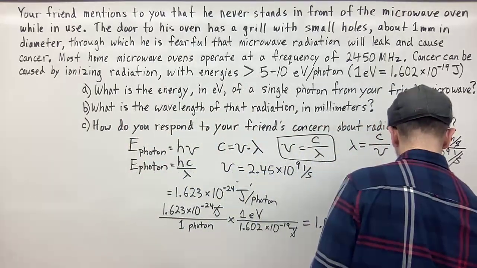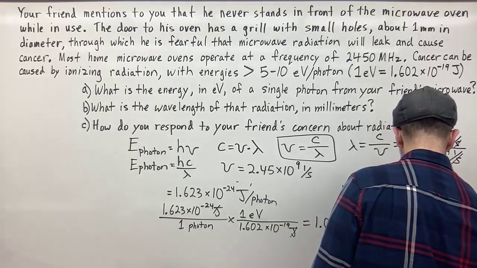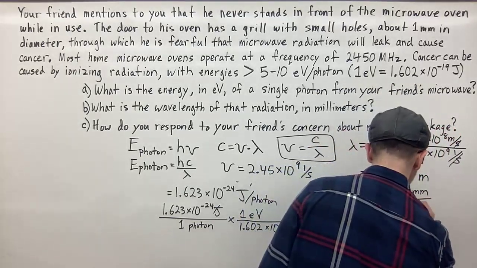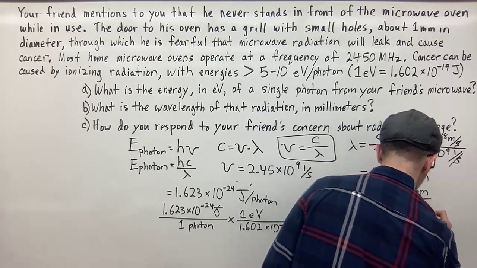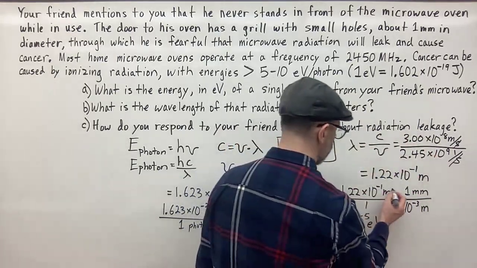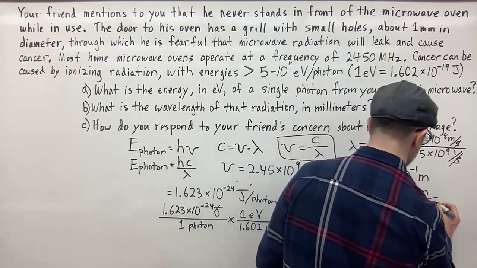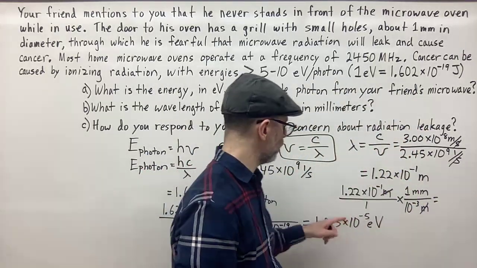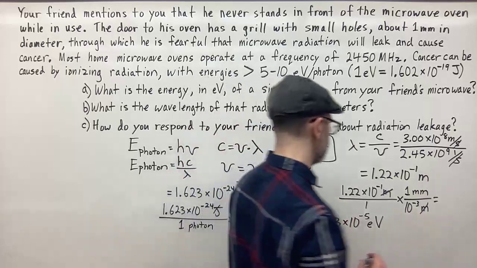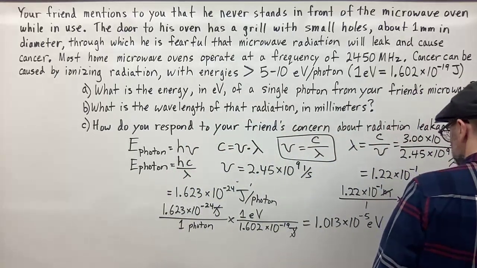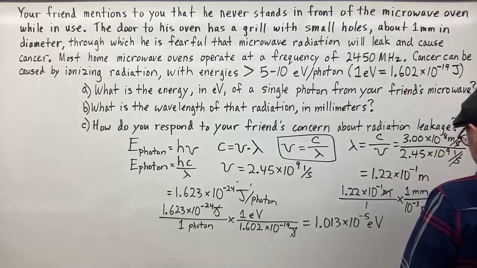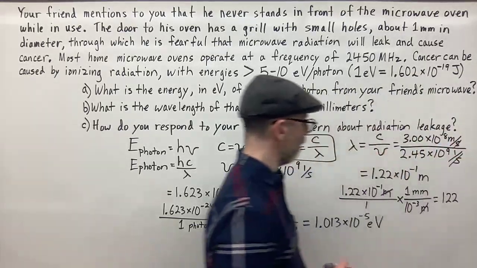So I'm going to put 1 millimeter on the top. And I'm going to put 10 to the negative 3 meters on the bottom. So meters cancels out. And when I calculate this, I'm basically going to be multiplying by 1,000. So this is going to be 122 millimeters.